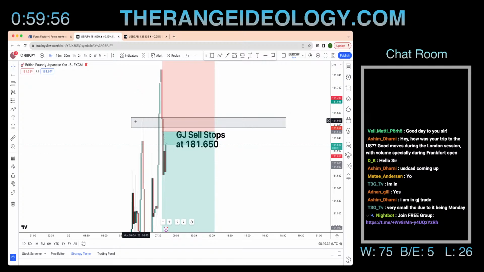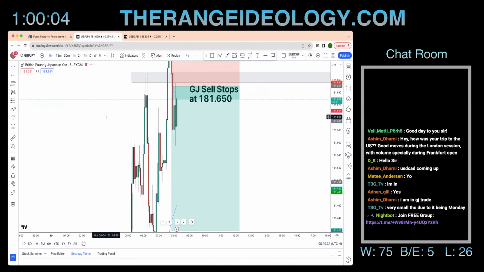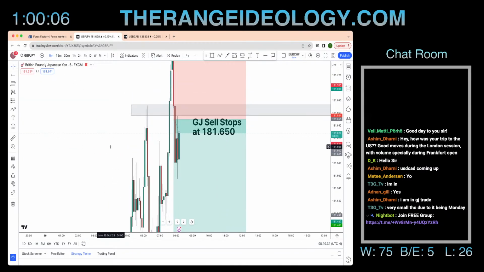Okay, that's okay. Whether you're trading small or big, smaller lots, it doesn't matter, right? It's about percentages, and at the same time you're having more of a risk to reward angle here.